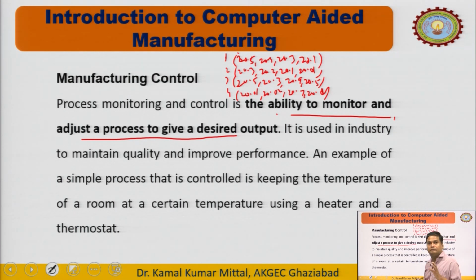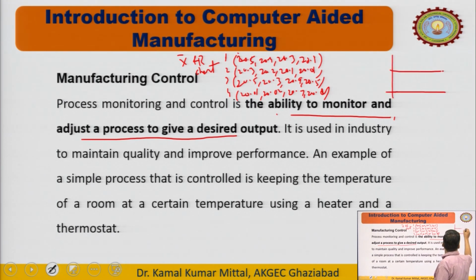So from quality point, what we are going to do, we are going to make an X bar and R chart. So in this, what we are going for X bar here, this is the central line. And this is the upper control limit, this is the lower control limit.